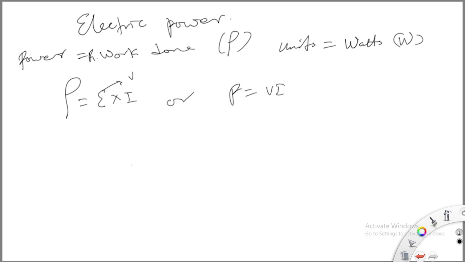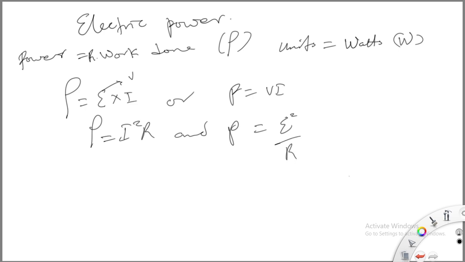You understand what I'm saying? So power can also be calculated by substituting other components of Ohm's law. What are the other components of Ohm's law? Current. So in the same way, power can be P equals I squared R, and power similarly can be equal to V squared over R. I hope you're understanding.